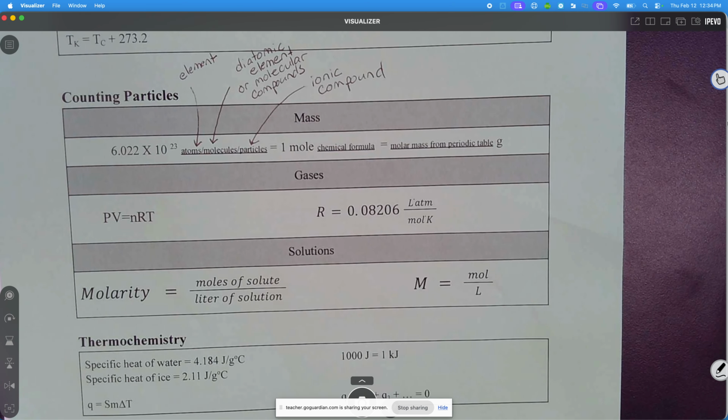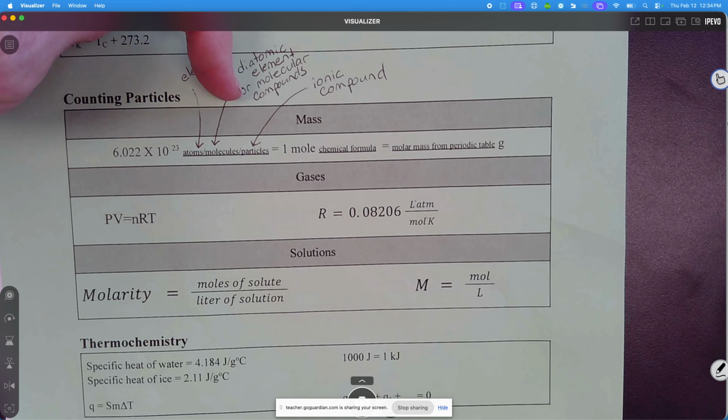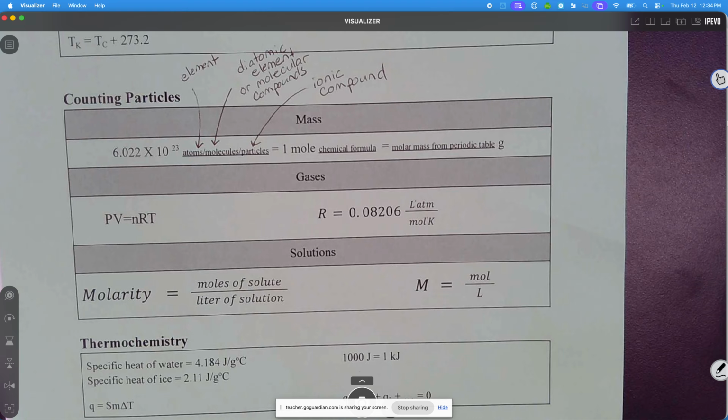When you're making the decision which of the three words to use between atoms, molecules, and particles, here's how you're going to decide. If it's an element, you're going to use the word atom. If it's a diatomic element or a molecular compound, that becomes molecules. And if it's an ionic compound, we're just going to keep on calling it particles.